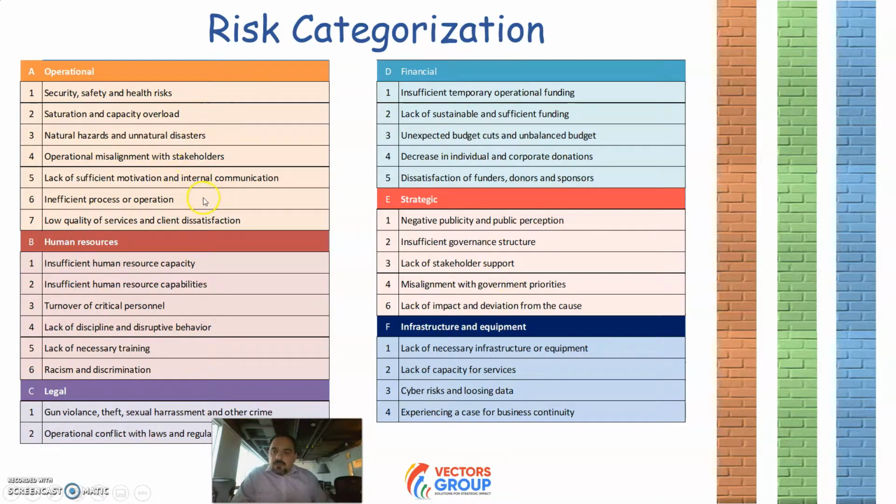And the sub-items are just examples, but some of them may be relevant to your organization. But you can come up with your own list too. So risk categorization is essential in risk identification and analysis, and you can develop those lists with consultants, but also with your team, because they have that understanding.